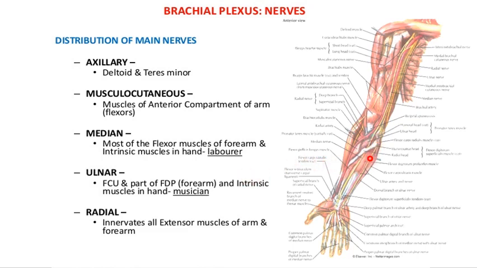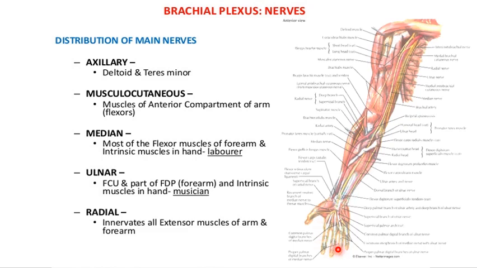Ulnar nerve, which is a branch of the medial cord, supplies only two muscles, or we can say 1.5 muscle in the flexor compartment of the forearm, supplying the flexor carpi ulnaris and the medial half of the flexor digitorum profundus.